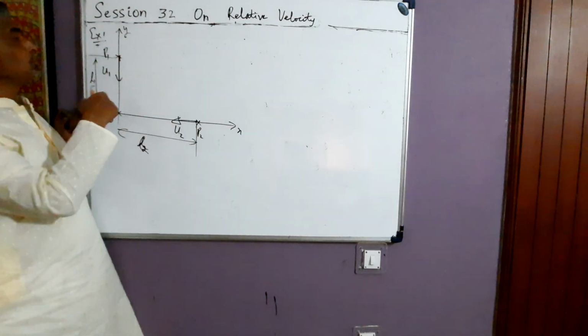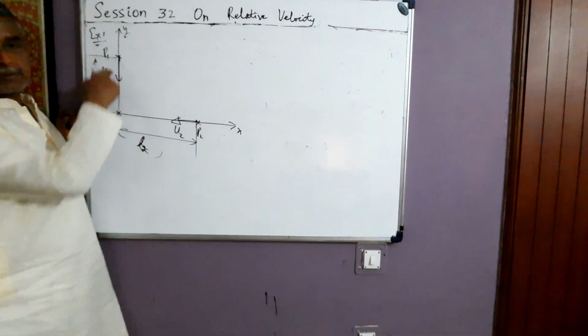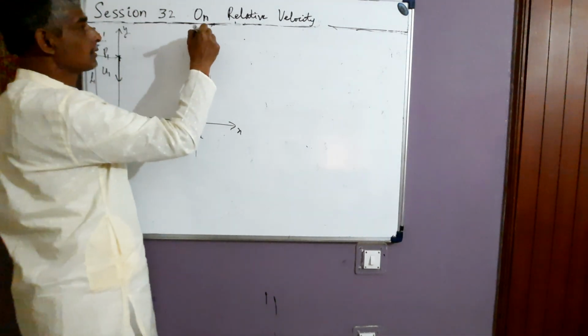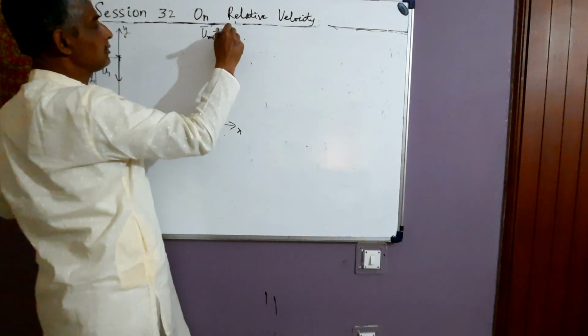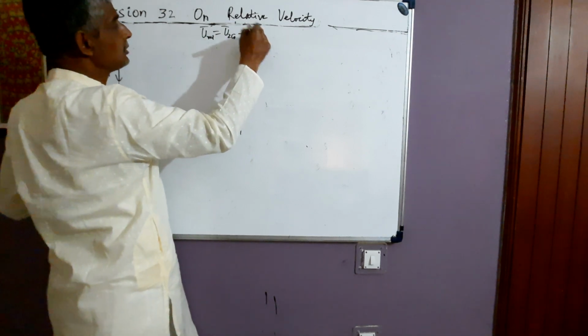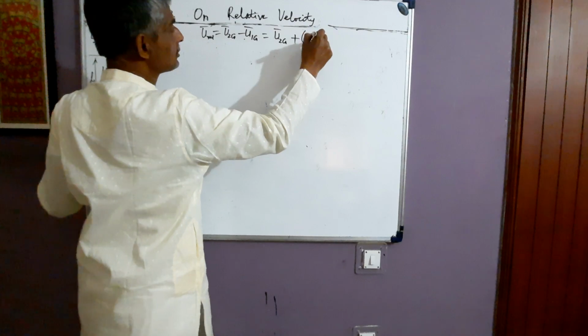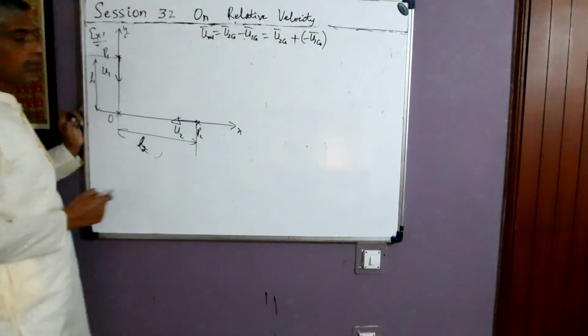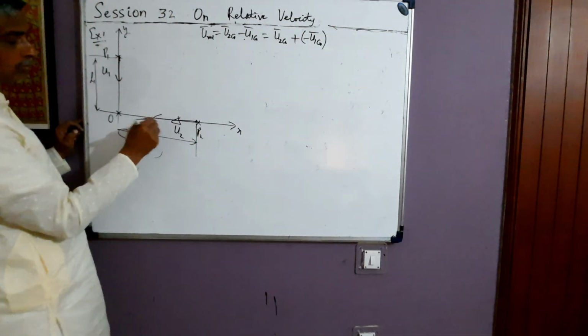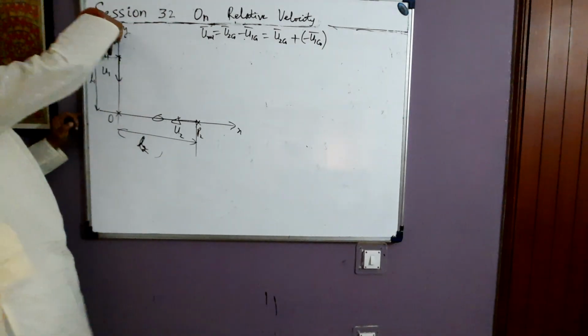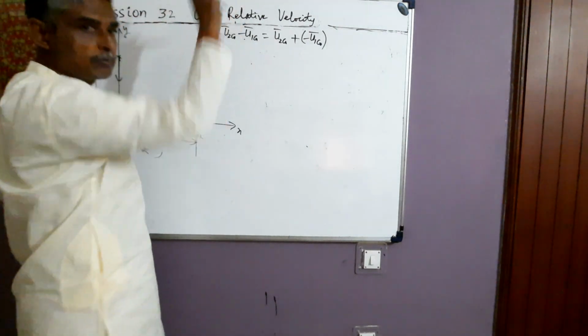At time 0, we determine the relative velocity of P2 with respect to P1. So u relative is just u2g minus u1g, that is u2g plus minus of u1g. u2g is u2 towards left. u1g is u1 downward, so minus u1g is u1 upward.